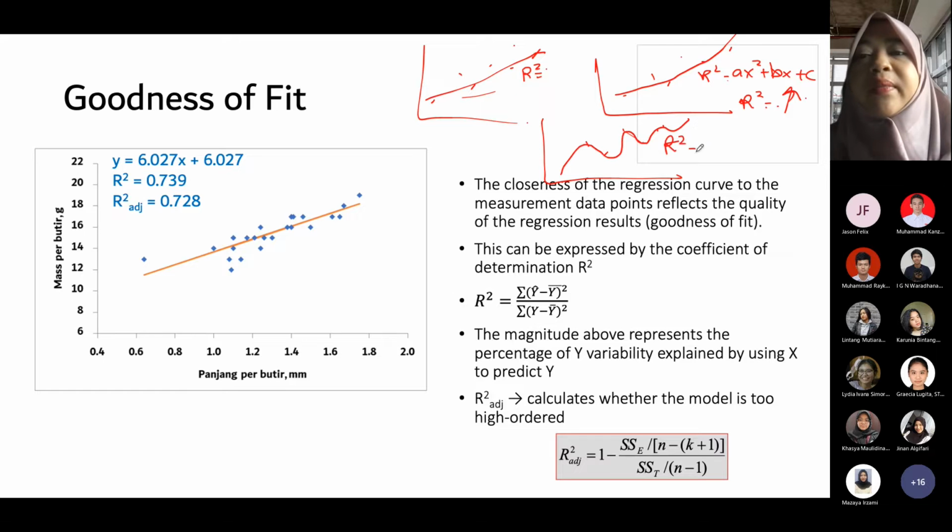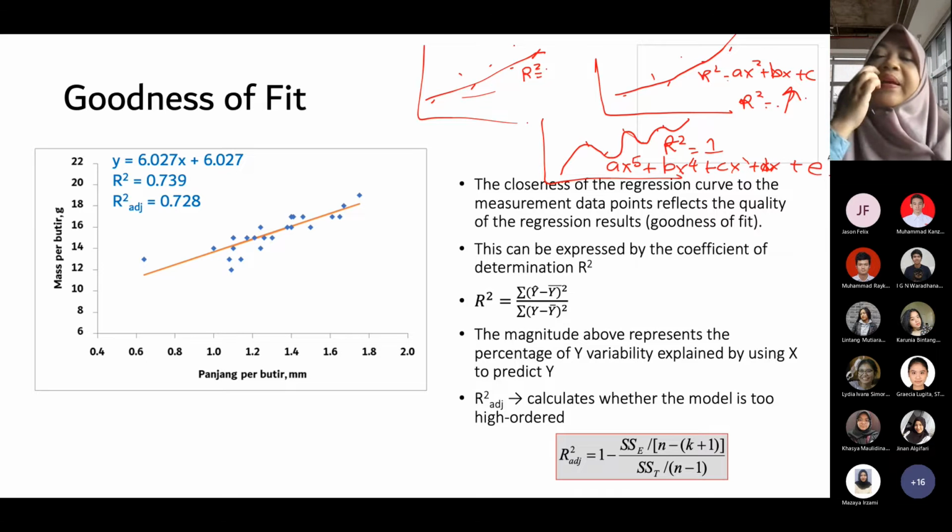Of course, the R square may be 1, but it doesn't reflect the phenomena. If you increase this to, for example, x to the order of 5, it doesn't reflect the quality.